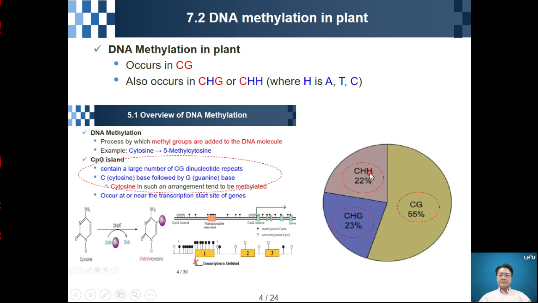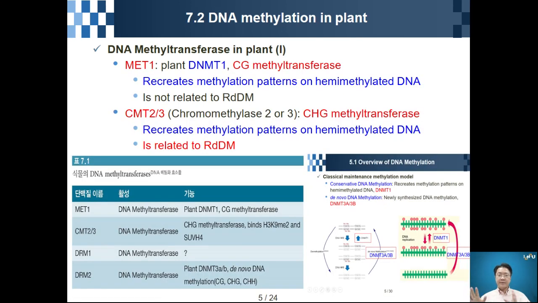In this slide and the next slide, we will learn about DNA methyltransferases in plants. Previously, we learned the classical maintenance DNA methylation model. There are two models available. One is conservative DNA methylation, which means recreating the methylation pattern on hemimethylated DNA.